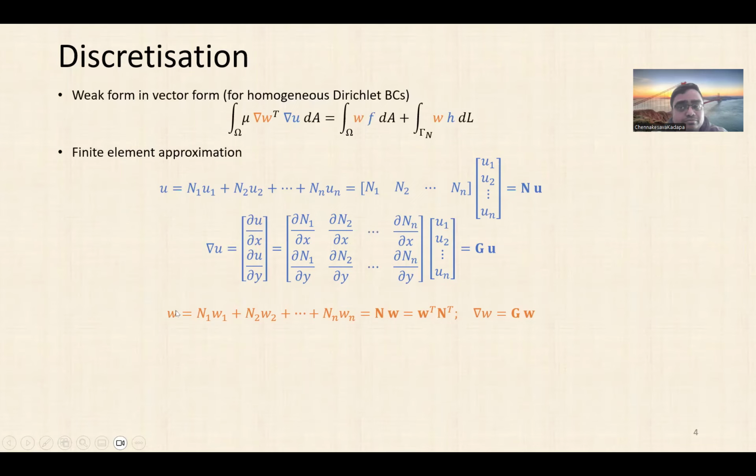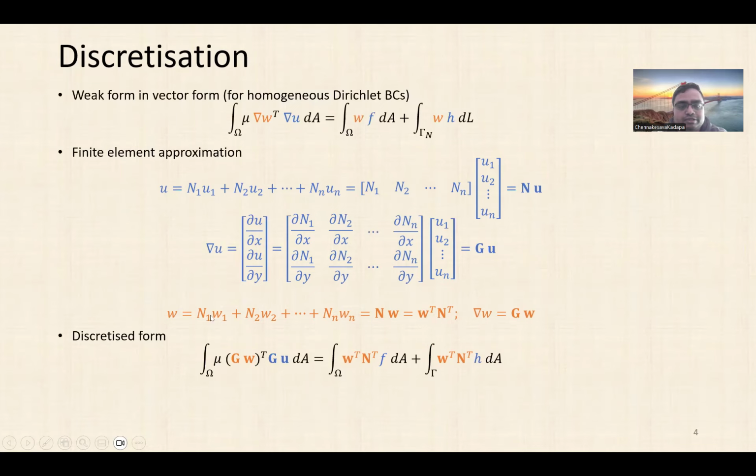Similarly, for the test function, we use the same basis functions. Since we follow the Galerkin method, we use the same set of basis functions for the solution variable and the test function. So we have the same N here. And similarly for nabla w, that is the gradient of w, we have G w. This G is the same G here.